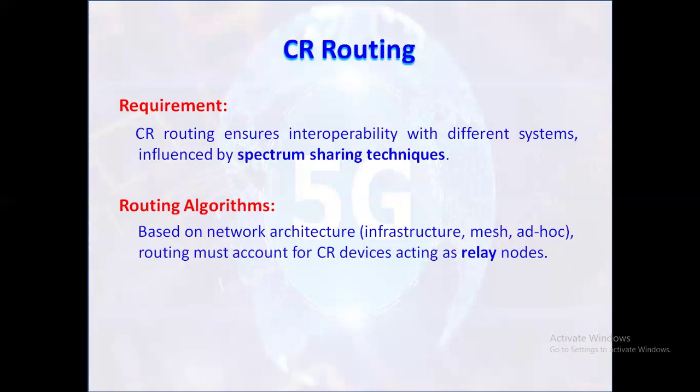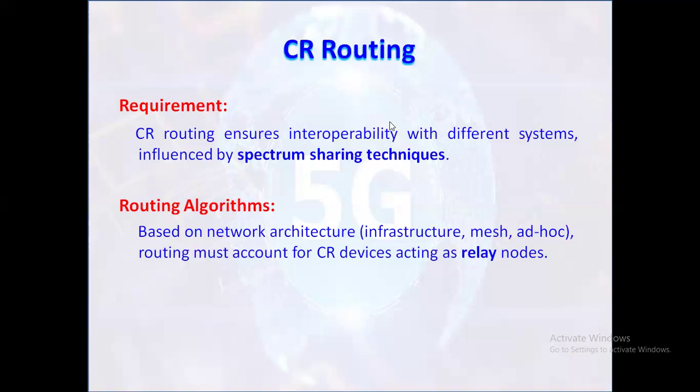For example, in a mesh or ad hoc network, the routing algorithm must support dynamic spectrum access and efficient pathfinding. Additionally, CR devices may function as relay nodes that forward data from one CR device to another, allowing the network to maintain connectivity even in the absence of direct communication links.